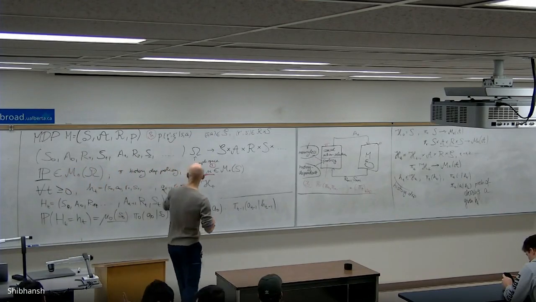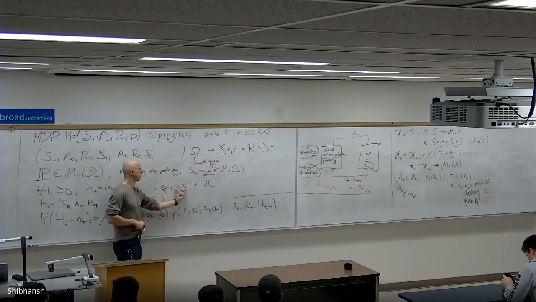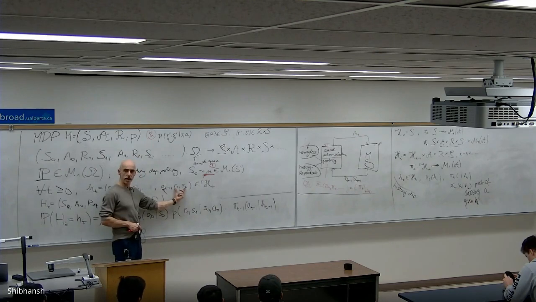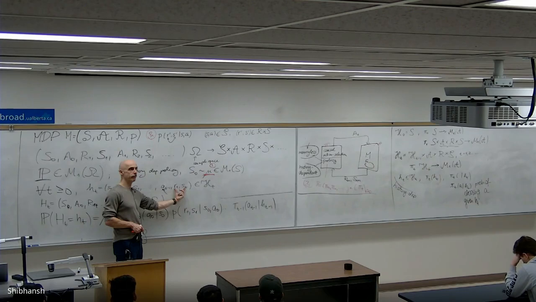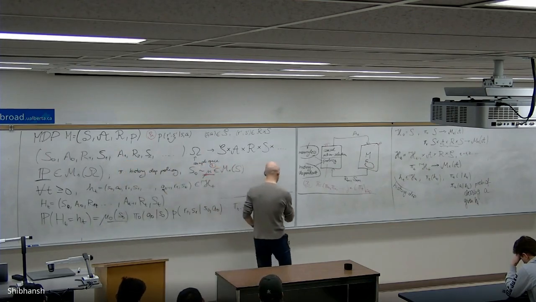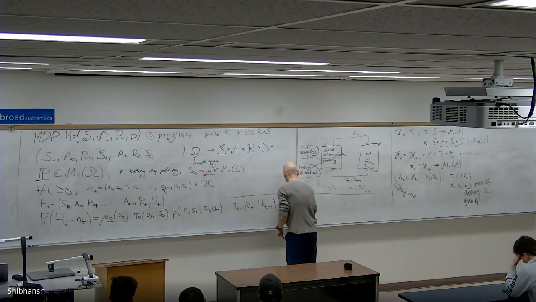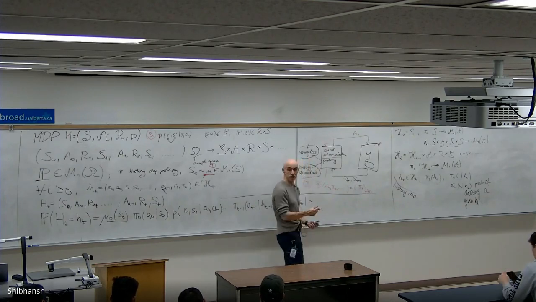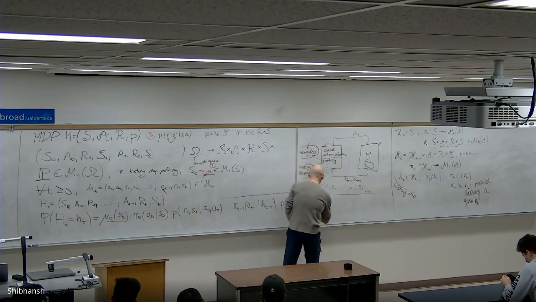And what's the probability of then seeing this reward coming in and this state coming in? The same P. That's right. And R t and S t. And here, the argument has to be previous S t minus 1 and A t minus 1.